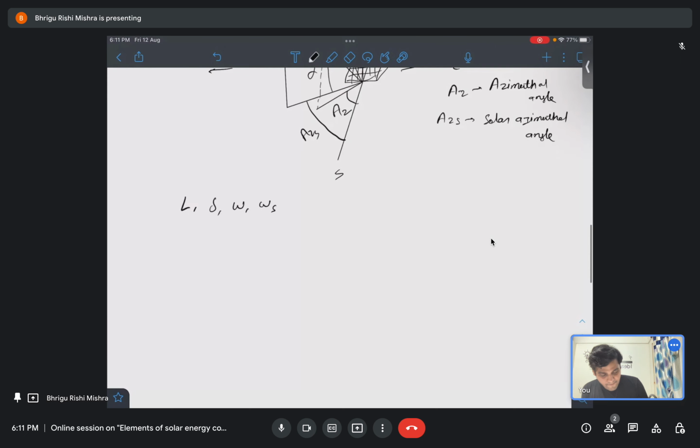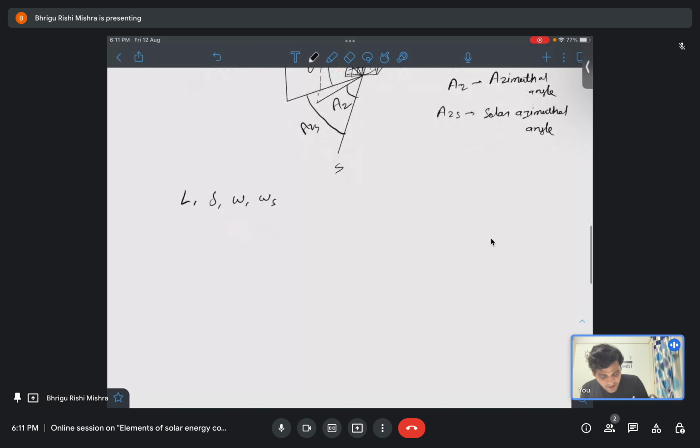Omega is basically the angular measure of time, and it is equivalent to 15 degrees per hour.